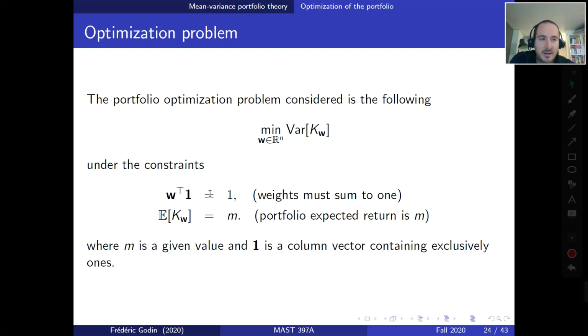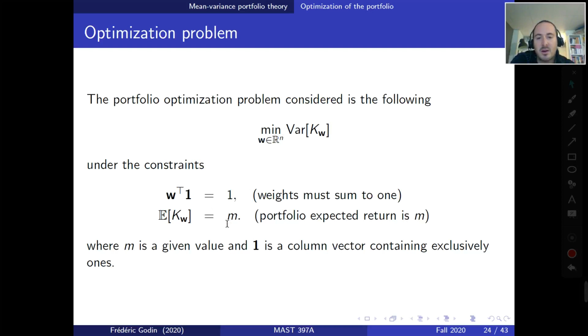The first constraint is that the weights must sum to 1. Here we said the weight vector is a vector in R^n, but not all vectors in R^n are valid, because weights in portfolios must sum to 1, as we've seen earlier. So we include that constraint for w to represent a valid portfolio.